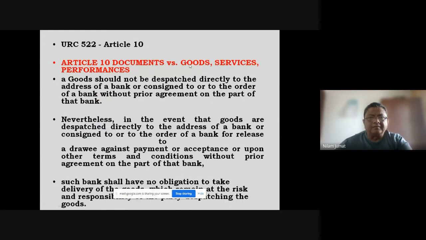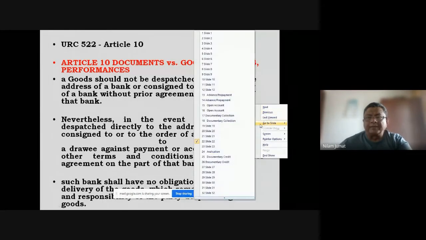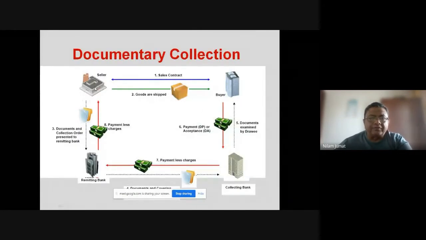Now, for example, this is a simple one. Whatever this article says is that, can you see here, he will ship and send the documents now. This is supposed to be the BL, supposed to be the invoice.